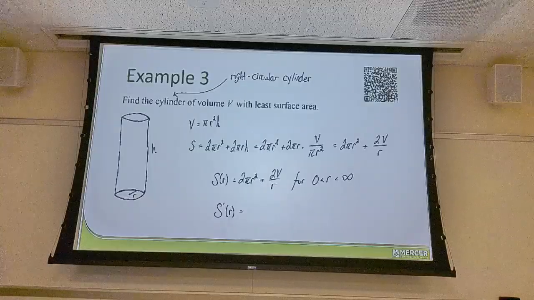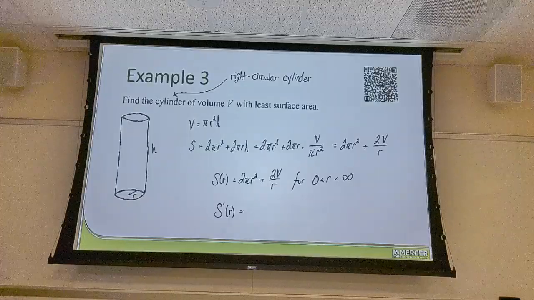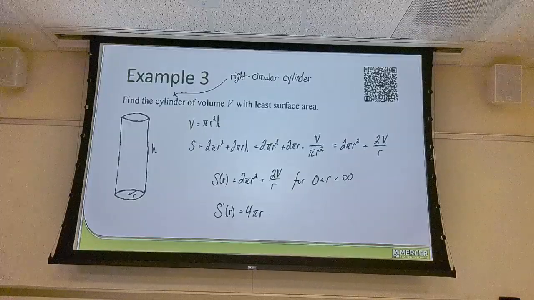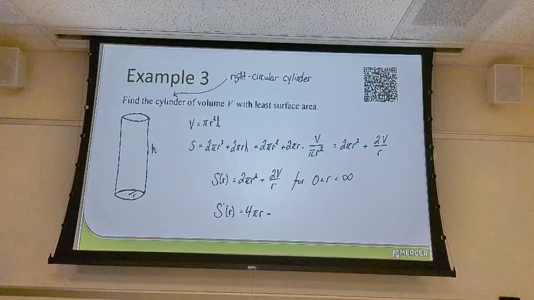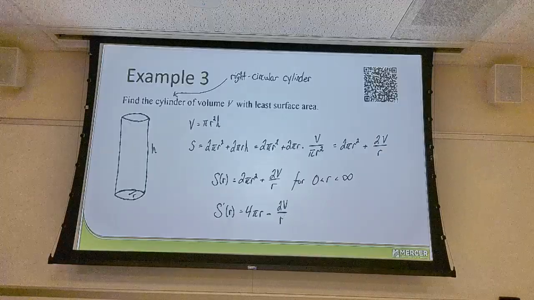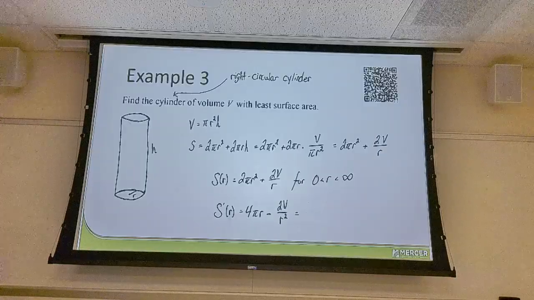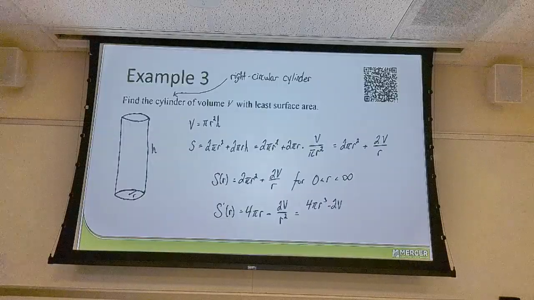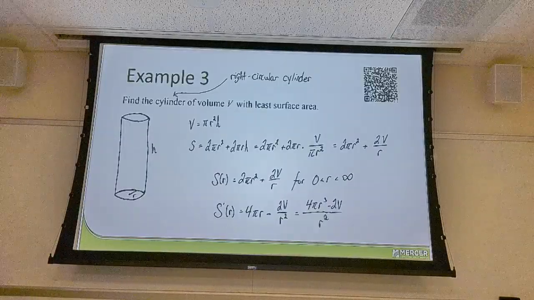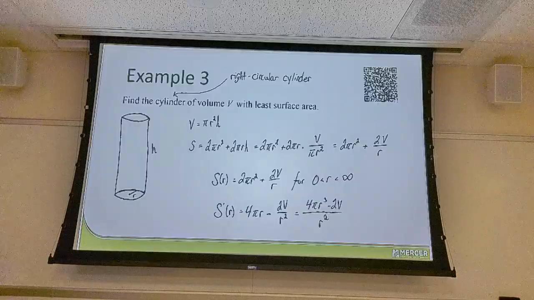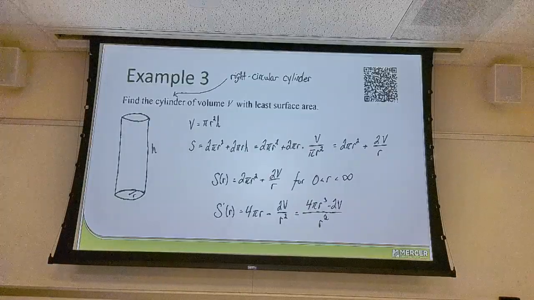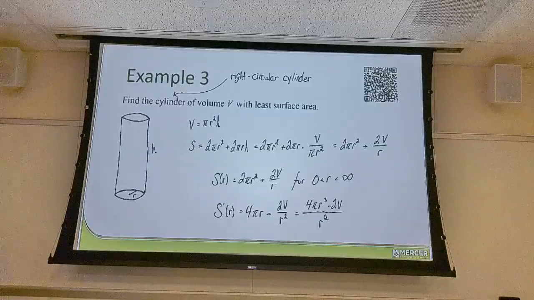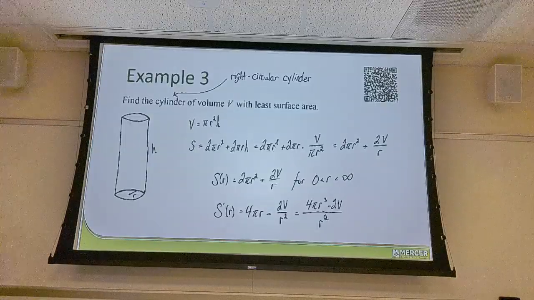What's S prime of r? 4 pi r minus 2V over r squared. At that point, I'll simplify it down to a single fraction. Where is that undefined? When r is 0. Yeah, so we don't care about it.